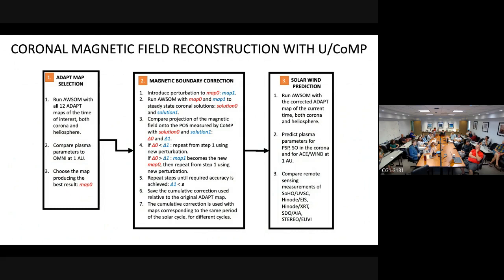Question. So to what extent do you have, it's non-potential, right? It's got currents in it. Yes. But to what extent do you think you could add currents that won't be reflected in your boundary condition, which is line of sight? Because there are currents in the corona that you can't usually capture with that kind of boundary condition. But there are sometimes ways you can energize it or add currents.